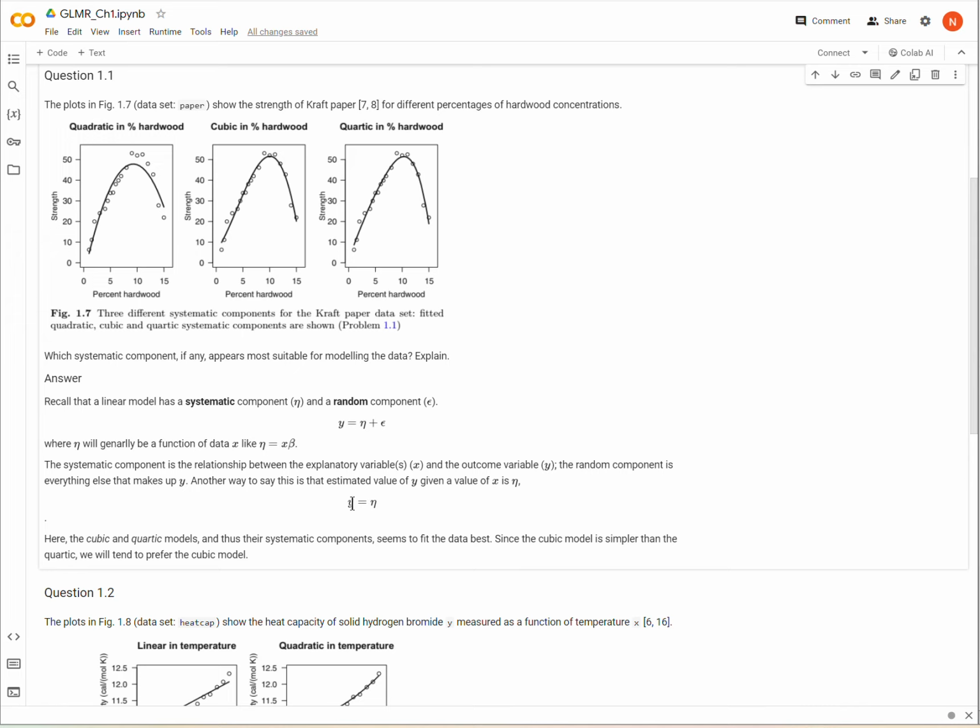In other words, the estimate, y hat, represented by the curve, is just eta. It is just our predictor variables times some coefficient that we estimate, okay? So the line represents the systematic component, okay?